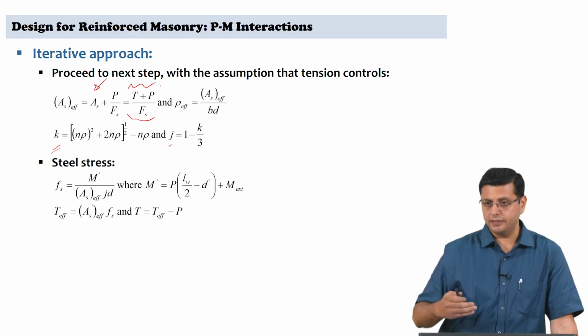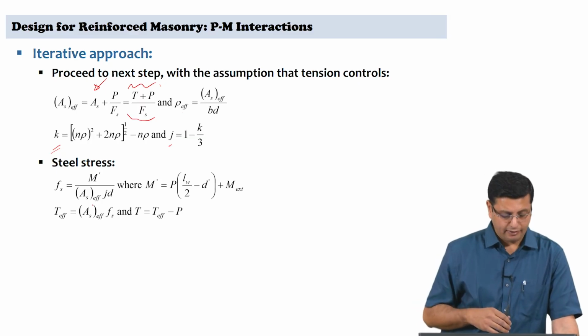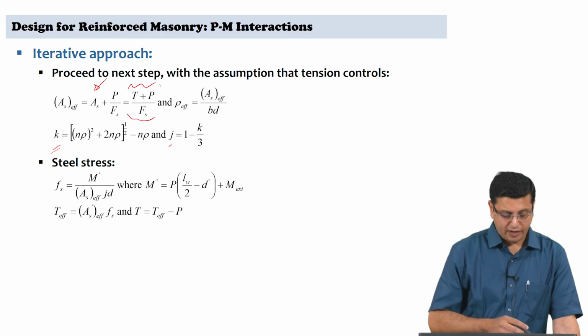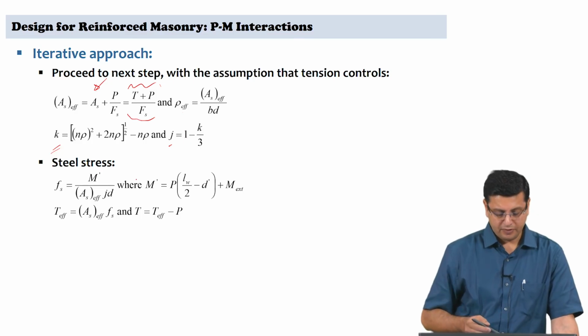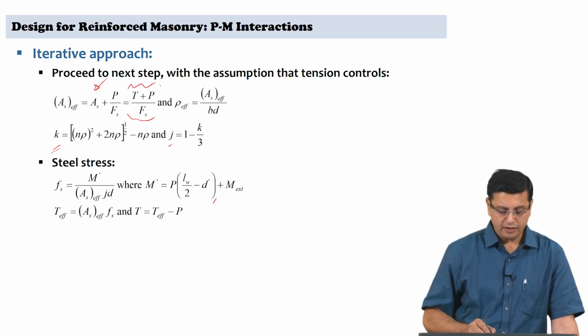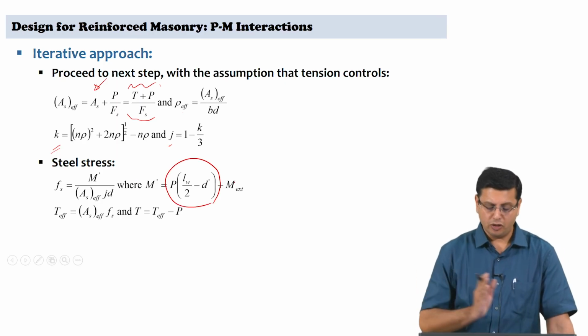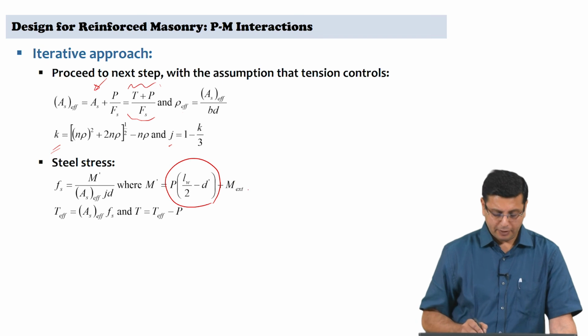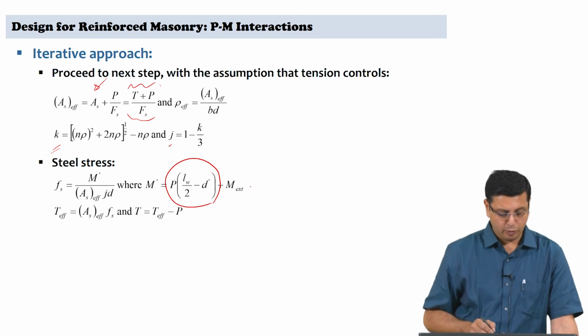This tensile stress in steel should not be more than Fs. You have the total moment, which is the secondary moment because of the shifting, because of the eccentricity caused by cracking, plus the externally applied moment.